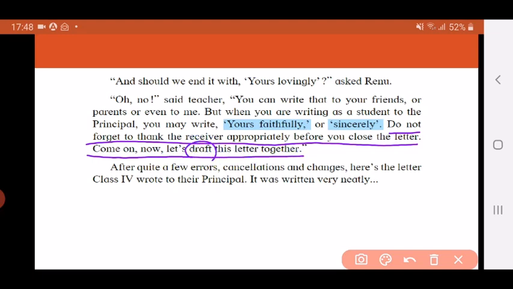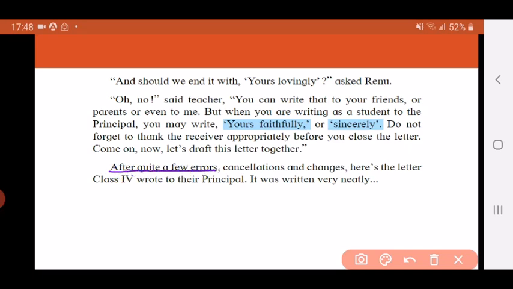Draft means let's start writing it roughly first. Then you can correct it and make it right. After quite a few errors means mistakes. Cancellations is when you cancel, and changes. Here's the letter class 4 wrote to their principal.